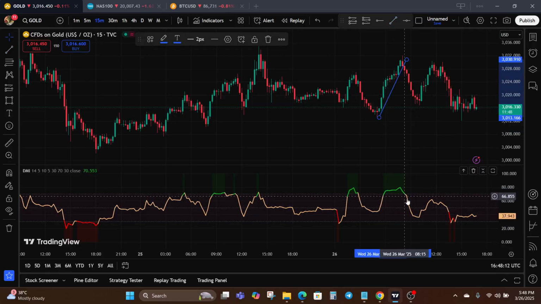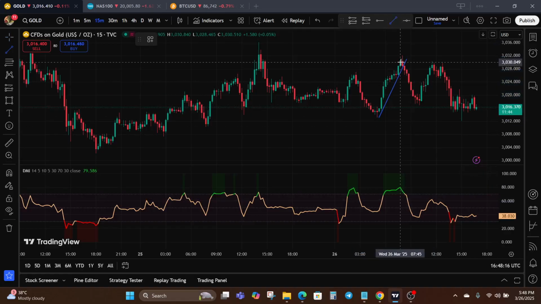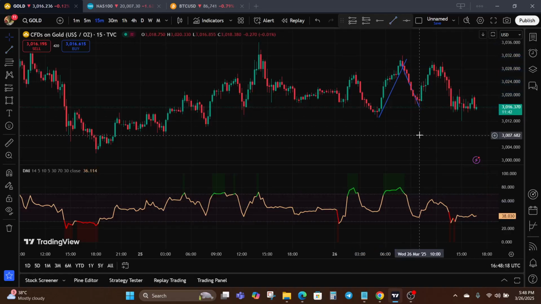But if the DMI is below 50 and falling, it indicates strong bearish momentum. So that is for trend confirmation.